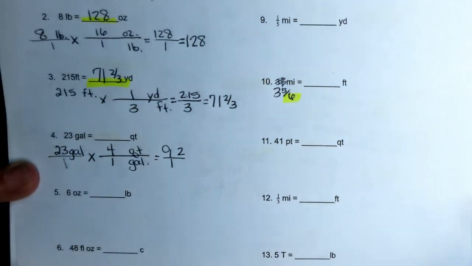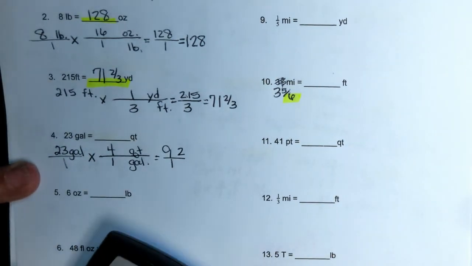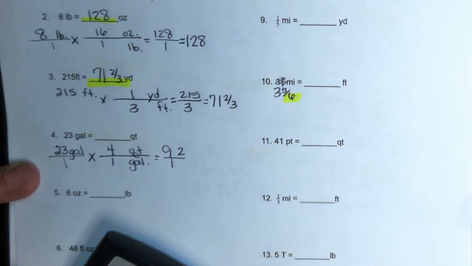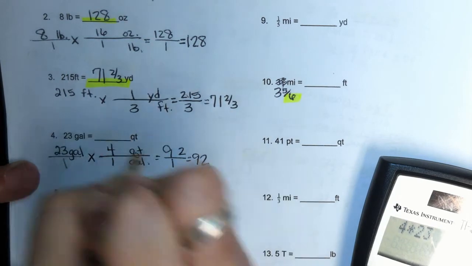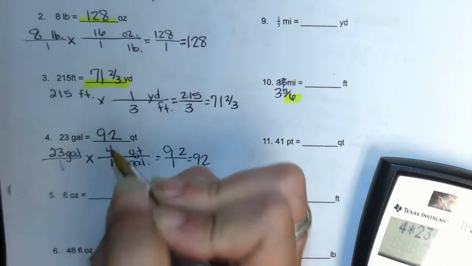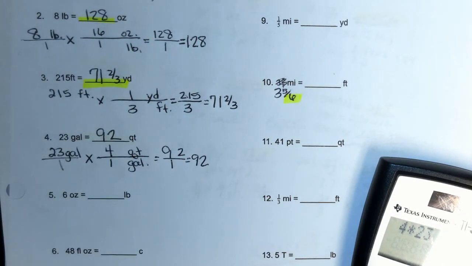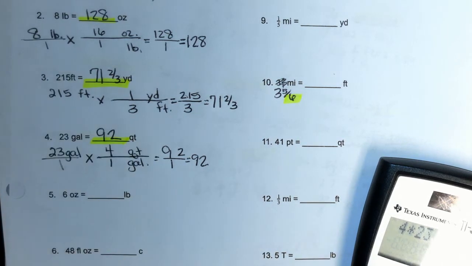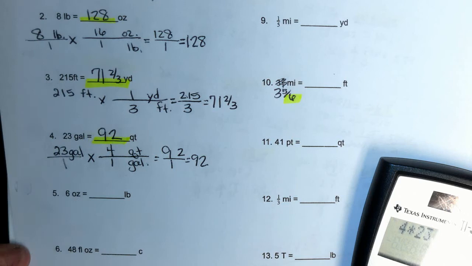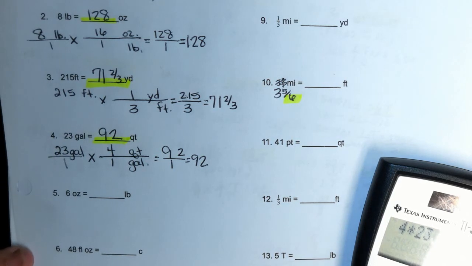It is 92. I don't trust my own math at this point with the headache that I'm rolling with today. It is 92. Did you get 92 for number 4? Good.